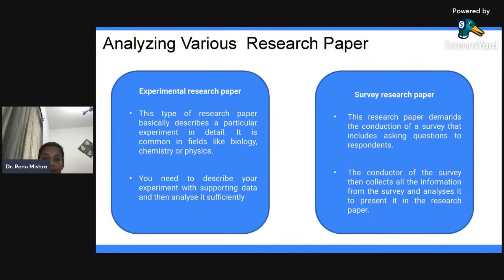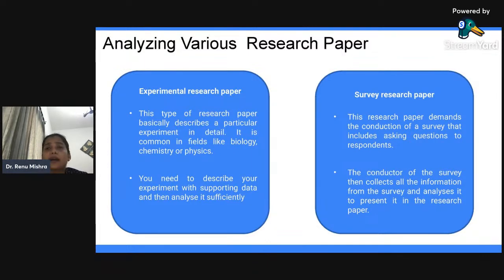Then comes the survey research paper. In a survey research paper, you are basically taking the opinions of the respondents, that is, your customers. These kinds of papers are very important, and they take much interest from scholars, academicians, and even corporate people associated with marketing.